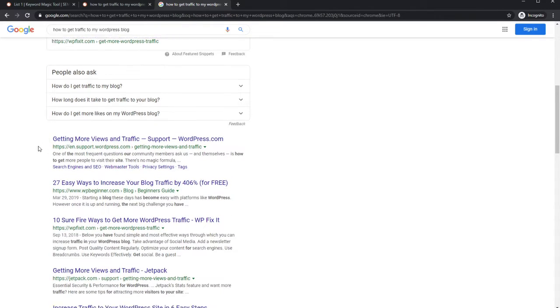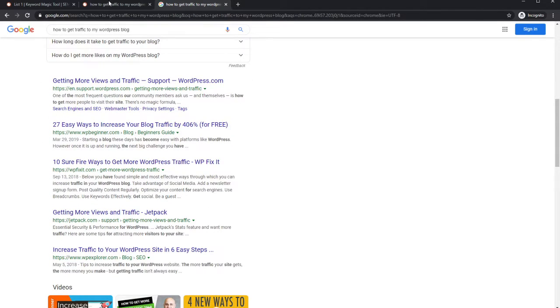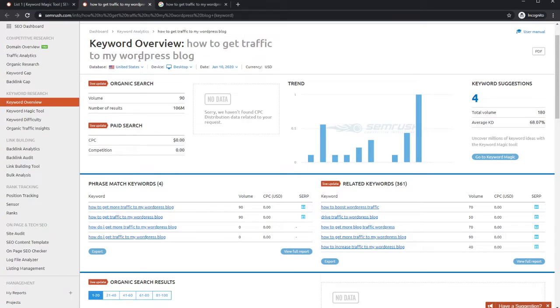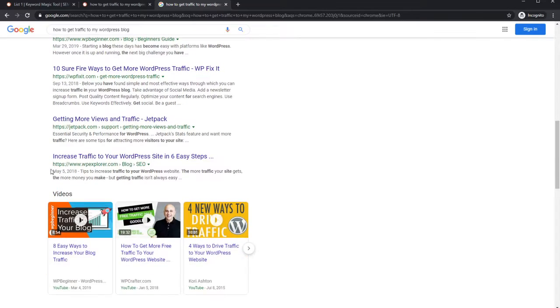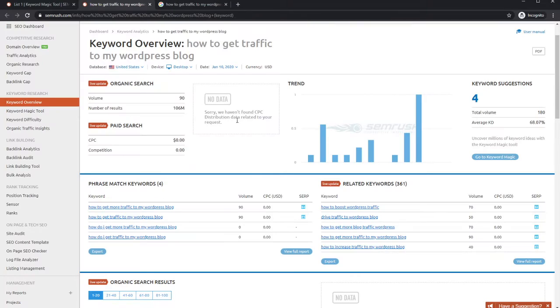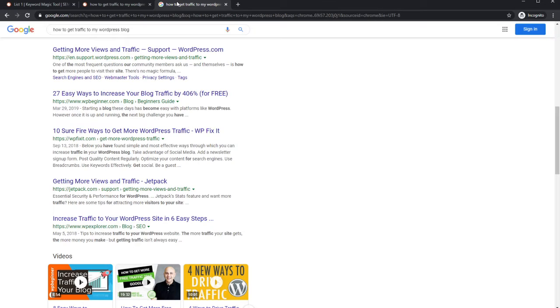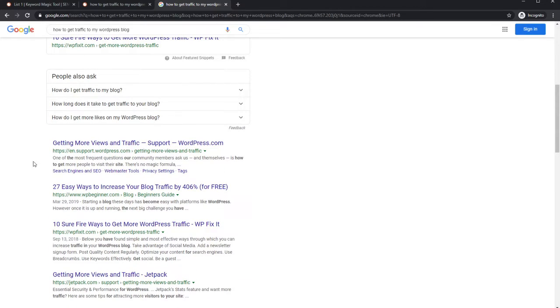Well, there's less competition, and notice that nobody has these exact words. How to get traffic to my WordPress blog. Nobody has it. So if you were to write a long, good, quality article, not the number of articles but how good that one article is, your page is likely to rank at number 2.